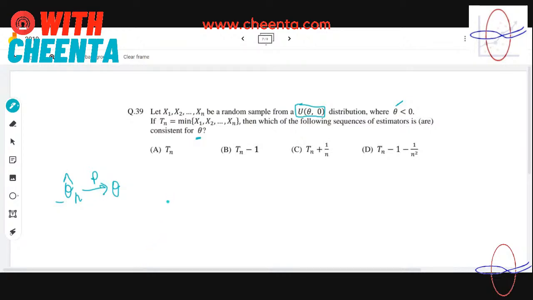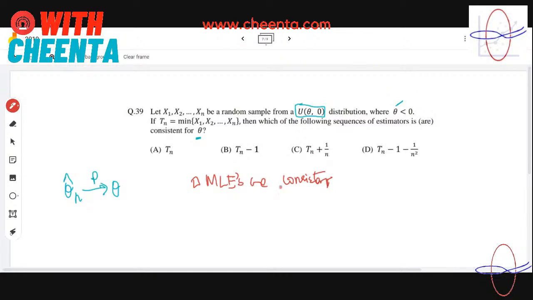So we will prove something. Okay, so do you believe that MLEs are consistent? Do you think so? There is a result that MLEs are consistent.